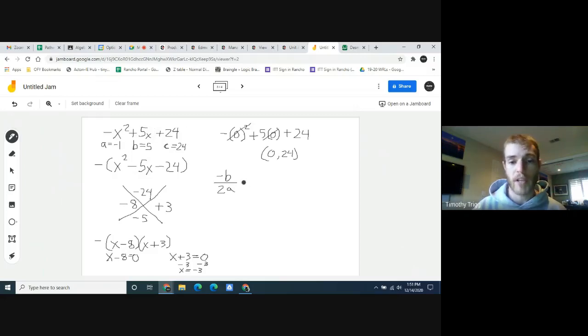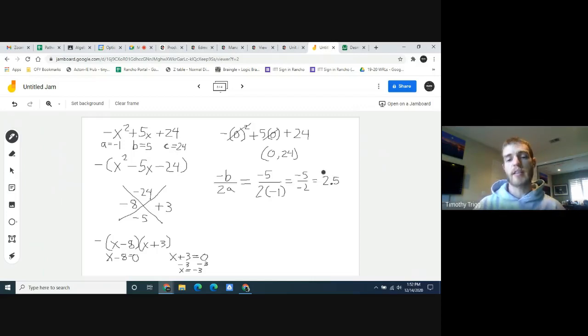So in our case, we're going to do -b. 5 is b, so that's going to be -5, divided by 2 times a. A is -1. So that's going to be -5 over -2, and a negative divided by a negative is positive. 5 divided by 2 is 2.5.